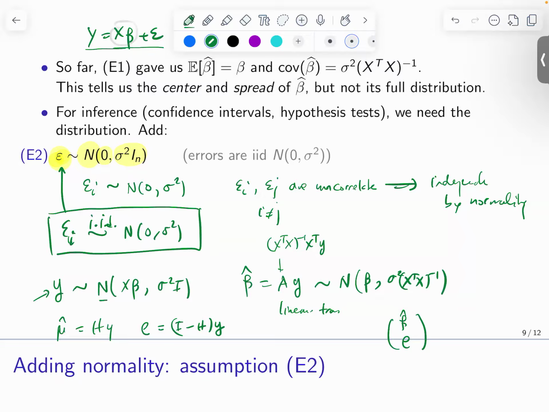So if you stack things on top of each other, they're going to be jointly normal. There's going to be a cross covariance, which is of interest to us. And it happens to be 0. So beta hat and e will have 0 cross covariance, which means they're independent. It's an interesting fact. So this will be normal as well.